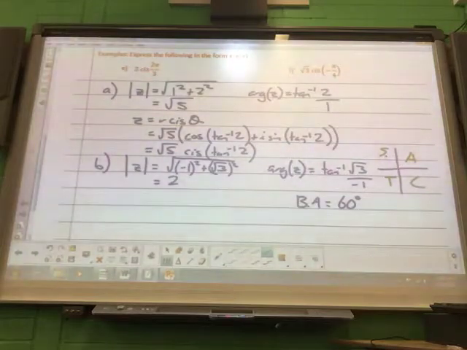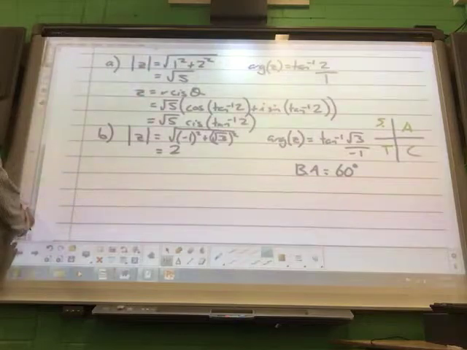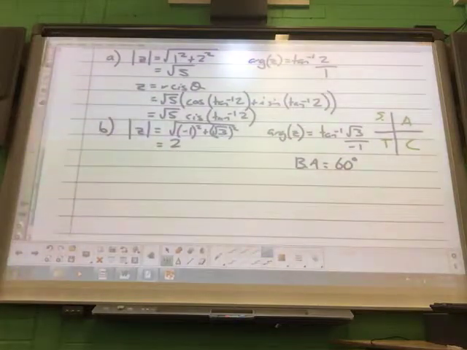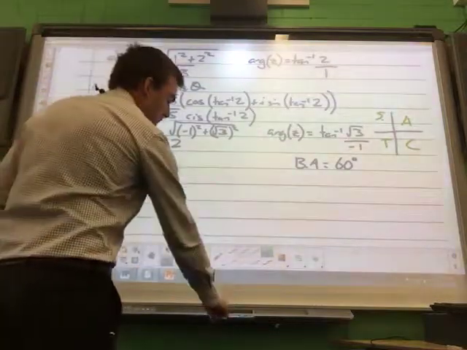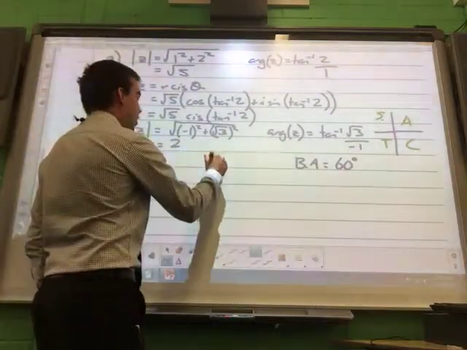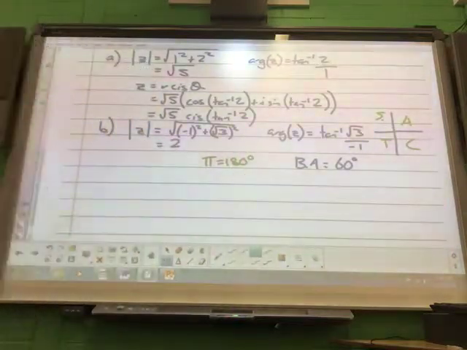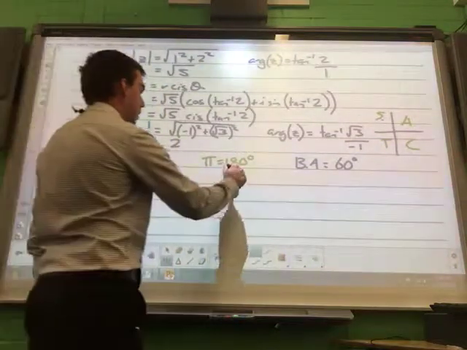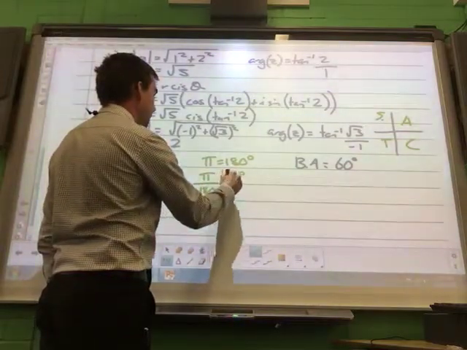Now, unfortunately, the timing has not allowed us to do radian measure for your angle. But we'll just try and fill in the gaps where we can. Remember that pi is 180 degrees. So if I do 1 degree, it's going to be pi over 180.